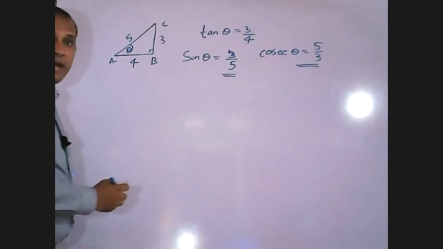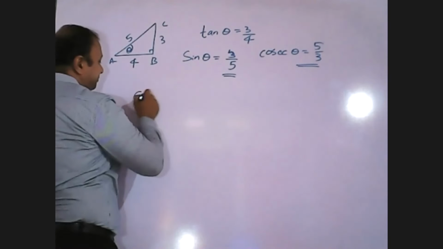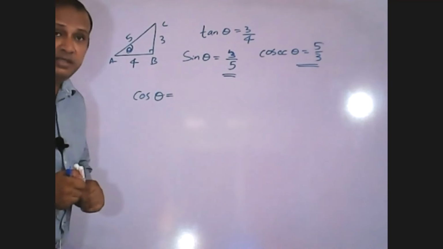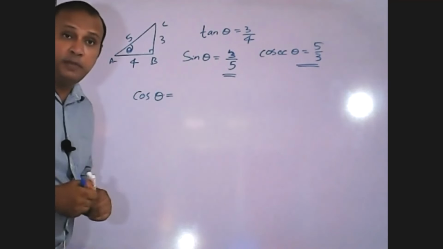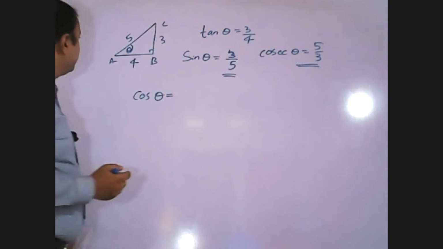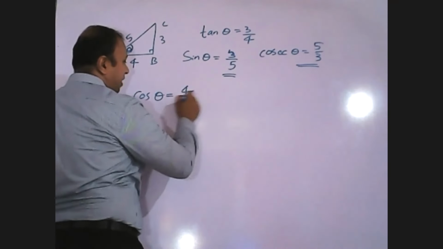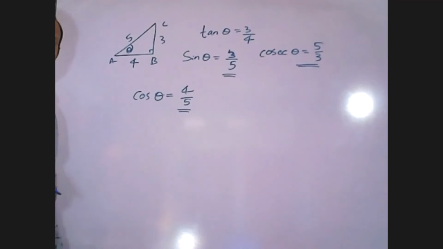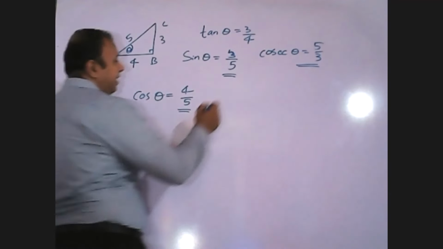Then go to cos theta. Cos theta is equal to the adjacent side over the hypotenuse. In here, adjacent side is 4, hypotenuse is 5. Then you can write the value of sec theta.